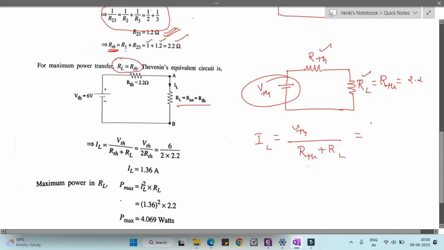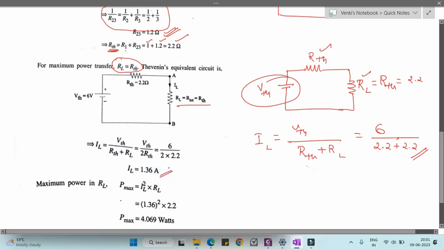Then we substitute the values. V Thevenin is 6 volts, R Thevenin is 2.2, and RL is also 2.2. If you simplify these, you will get IL equal to 1.63 amps.